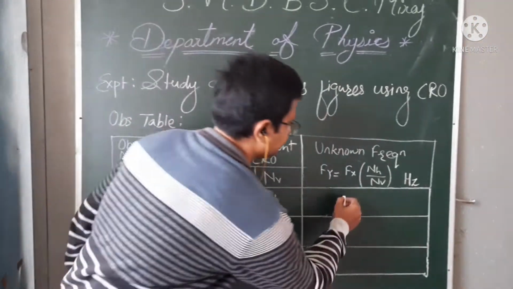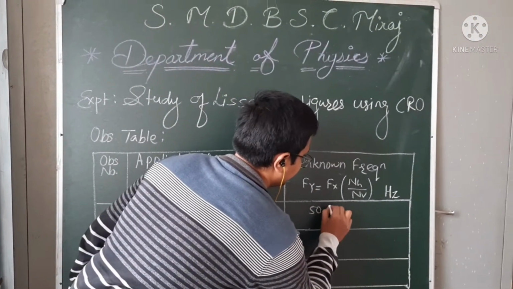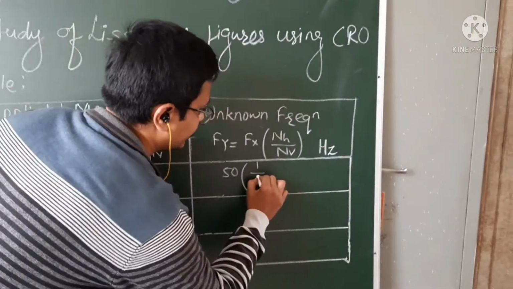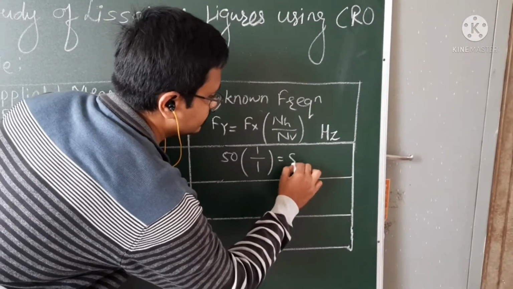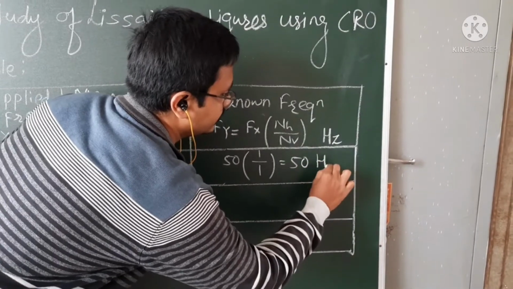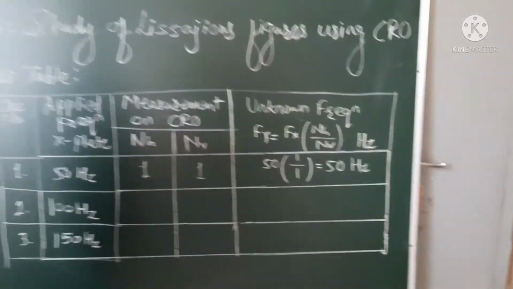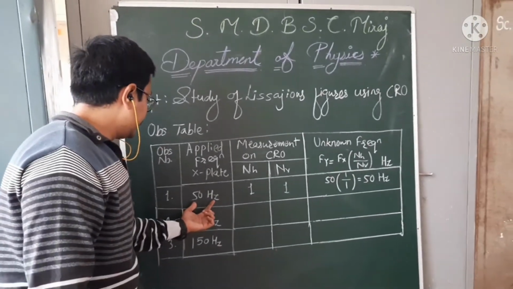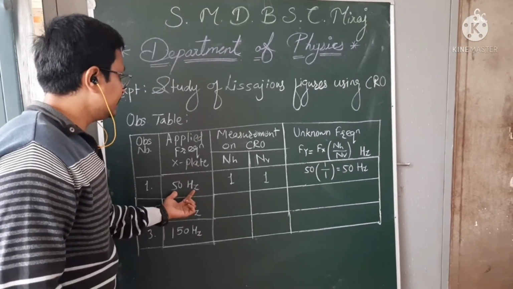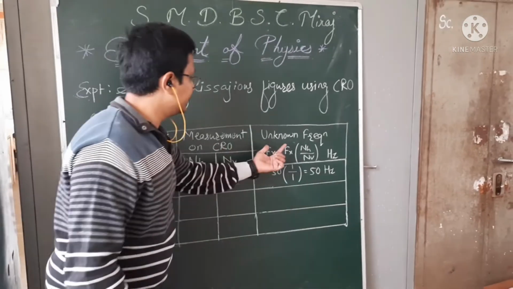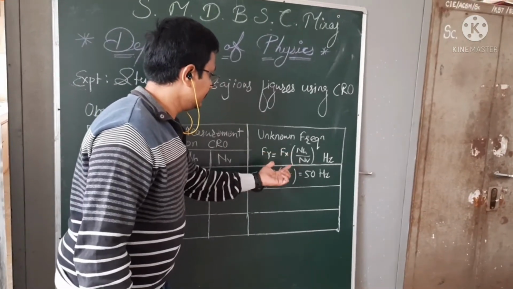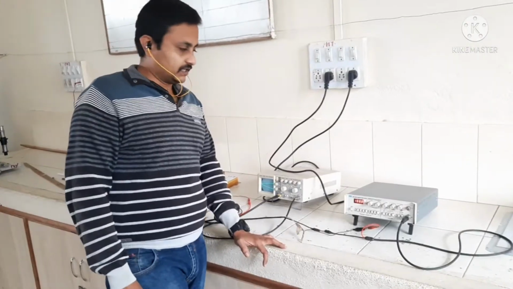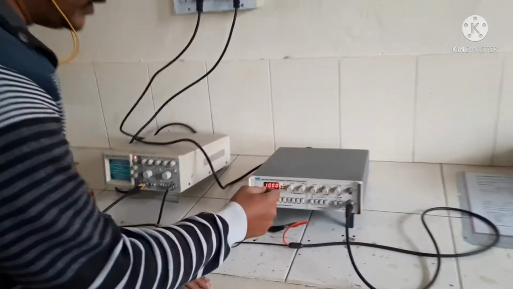Fx is 50 into NH upon NV, that is 1 by 1, that is equal to 50 hertz. We are applying 50 hertz frequency at the X plate and we are determining the unknown frequency, which is 50 hertz. We will increase the frequency by 50 hertz.